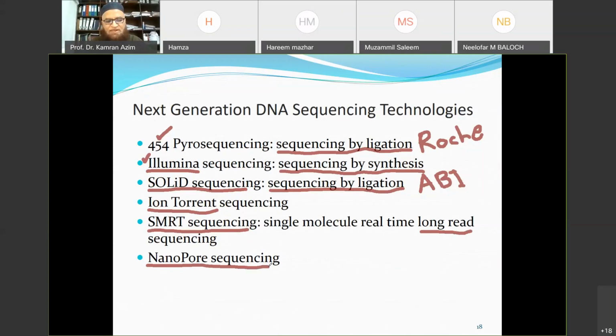During this course and this lecture, we are focusing on Illumina sequencing carried out by Illumina machines.